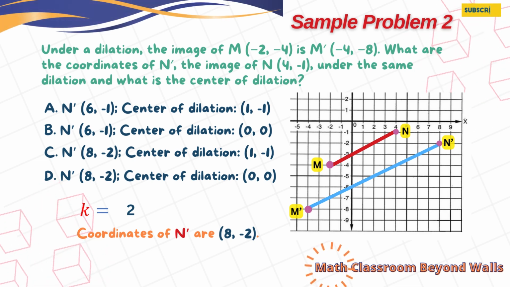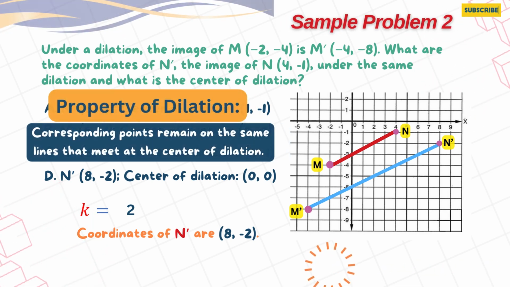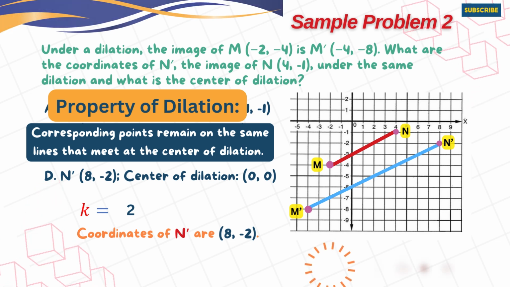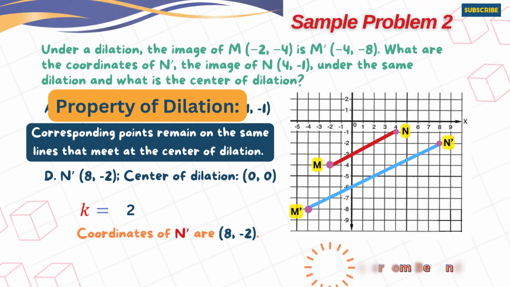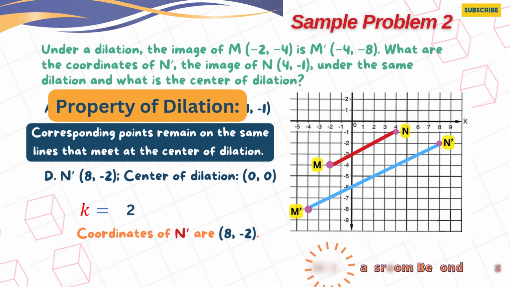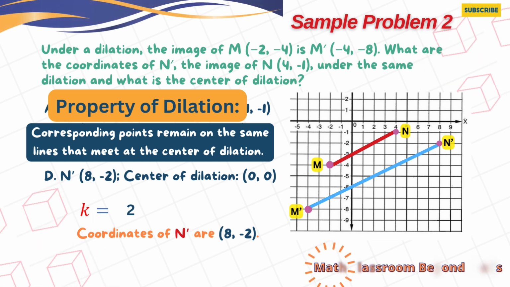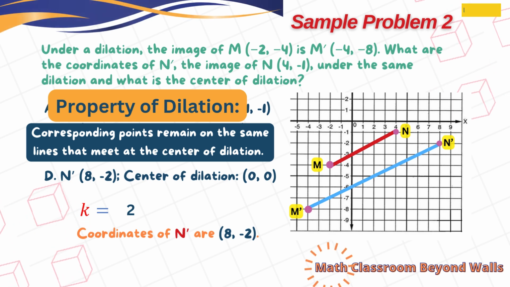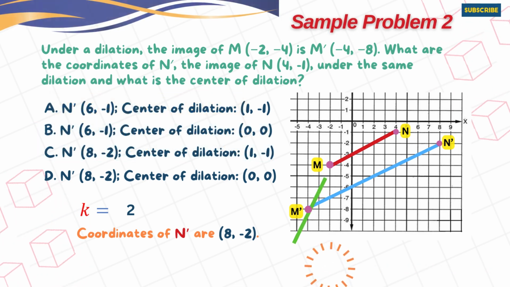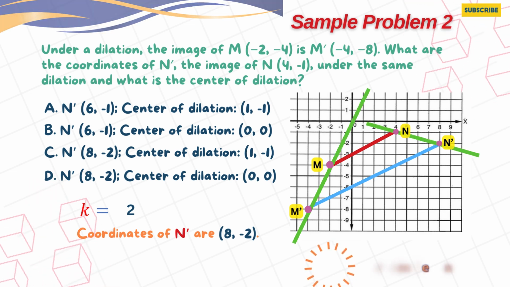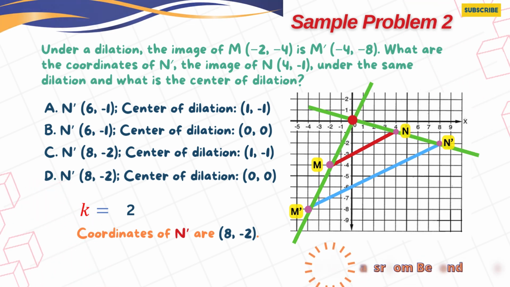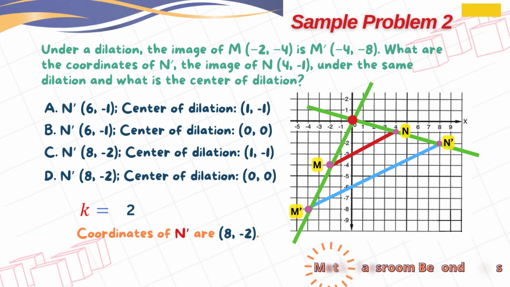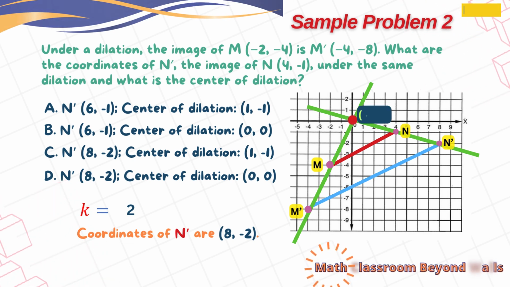Recall the property of dilation, which says that the corresponding points remain on the same lines that meet at the center of dilation. So we locate the center of dilation by connecting these corresponding points. Let's go. Bingo! We found the center of dilation. It is at 0, 0.